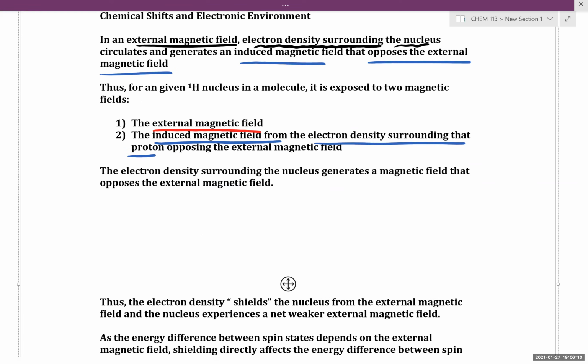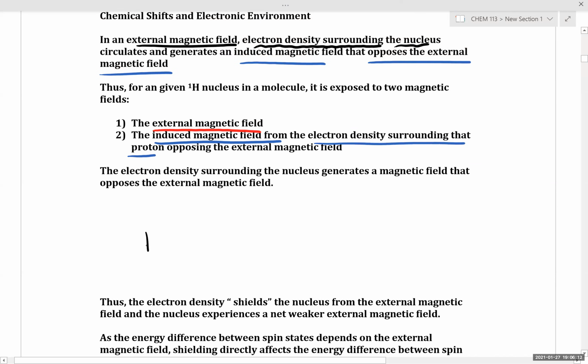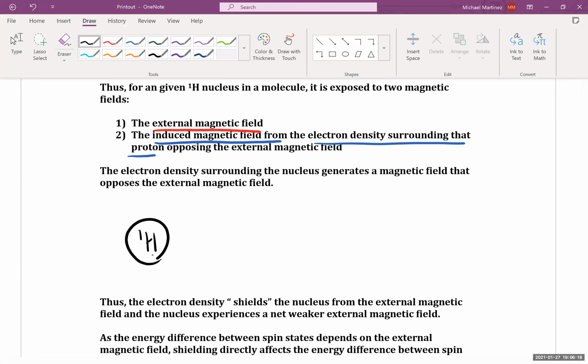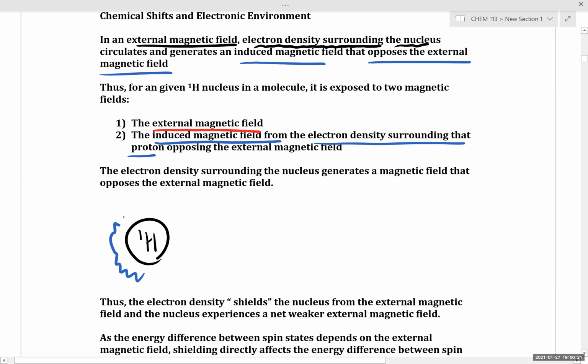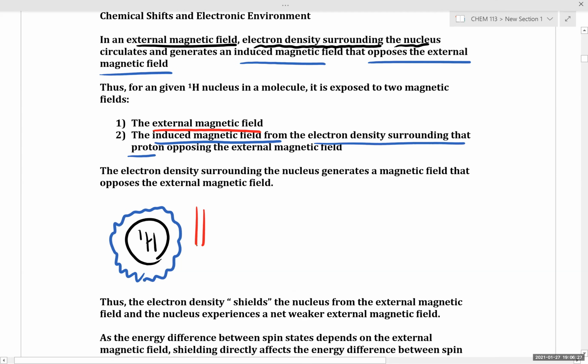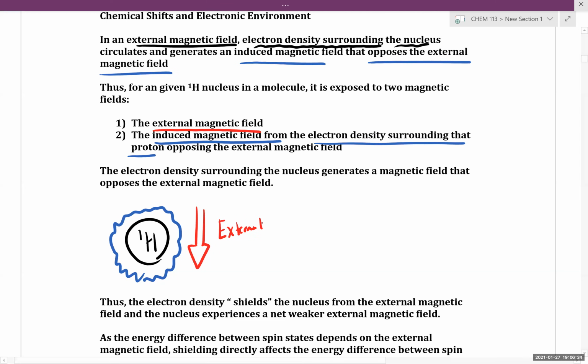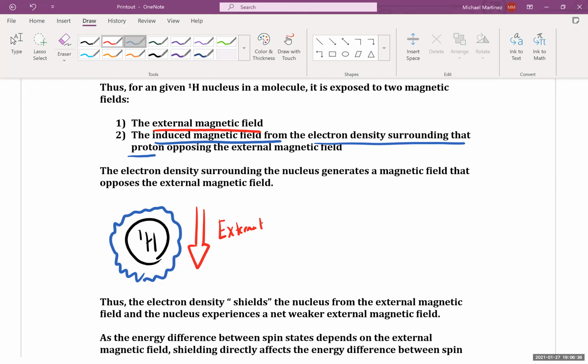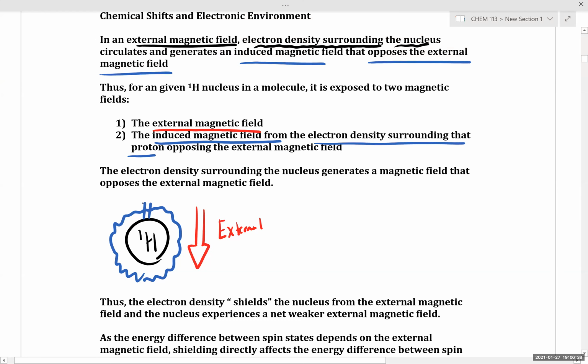So if we think about this from a net perspective, if we look at our hydrogen nucleus, it is experiencing two magnetic fields. The first of which is the external field. So this is our external field. Counter to the external field is our induced field.